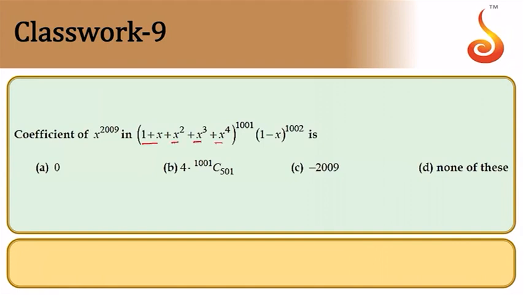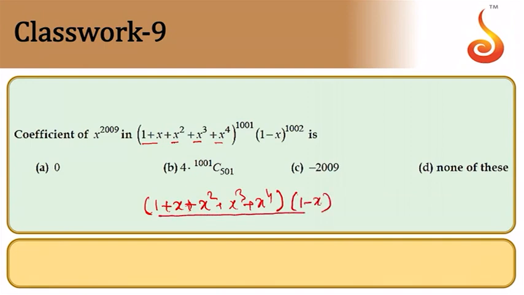Example 9. Coefficient of x to the power 2009 in 1 plus x square plus x cube plus x to the power 4 into 1 minus x to the power 112. Simple rearrangement. We see the bracket 1 plus x square, x cube, x to the power 4.